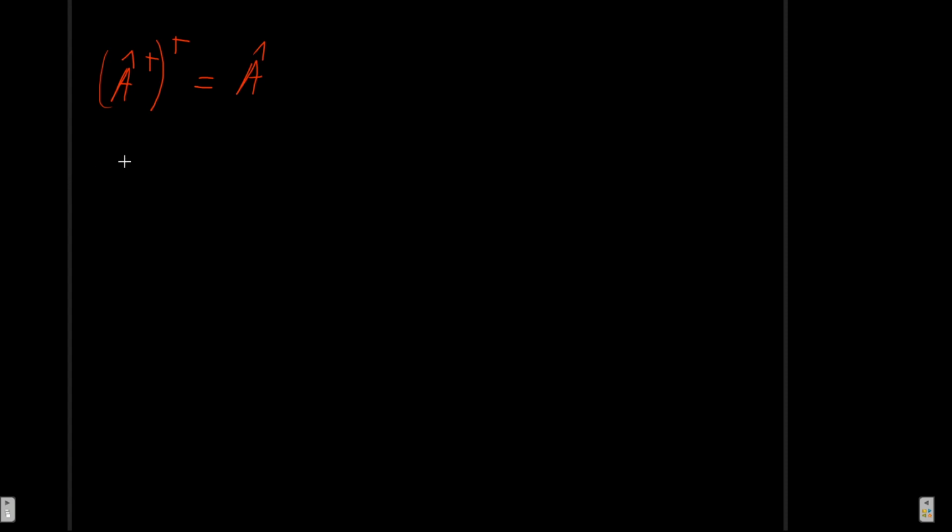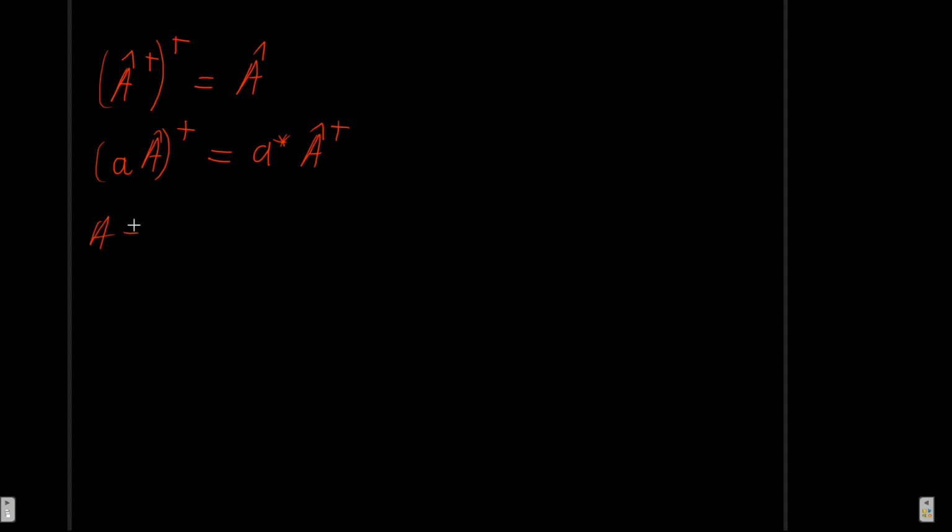If we have some complex number a times some operator A, and we want to do the adjoint to all of that, we're just going to get the complex conjugate of a times the adjoint of the operator A.